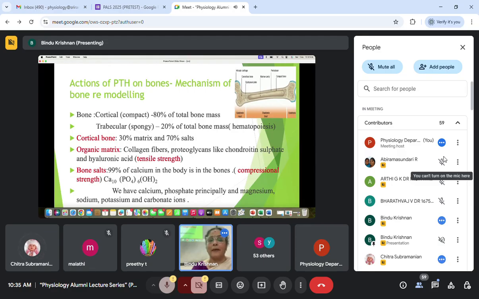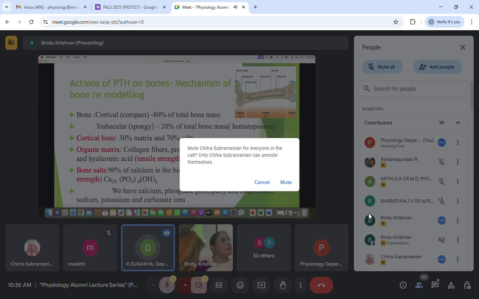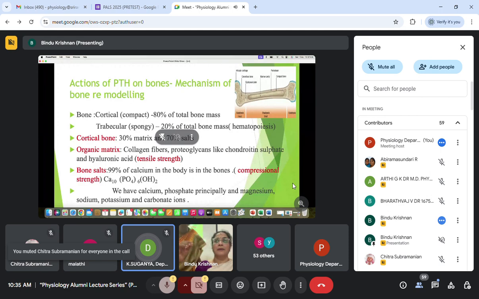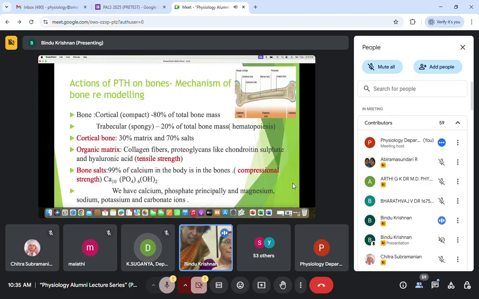Yeah. You can talk here. Someone in the name of Chitra Subramaniam, can you please mute yourself? It's okay. Yes, thank you. Otherwise, you can just quickly unmute and tell them to mute.